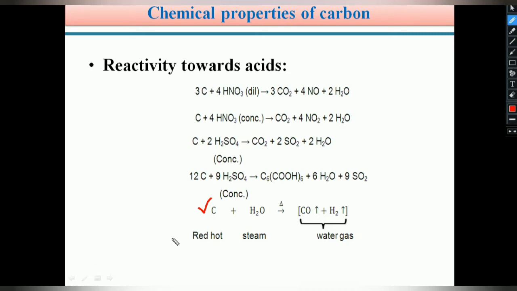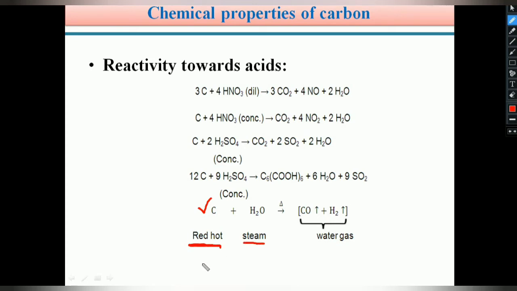So there we clearly mentioned that carbon does not react with water. But carbon reacts with water under specific conditions. What are those? See students, we have to use red hot carbon, meaning a high temperature condition. The carbon should be in amorphous form or red hot, and it reacts with water in the gaseous state.